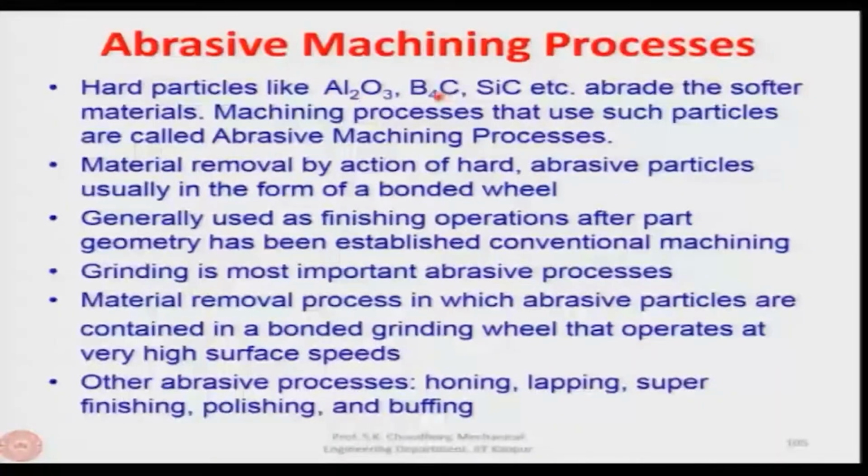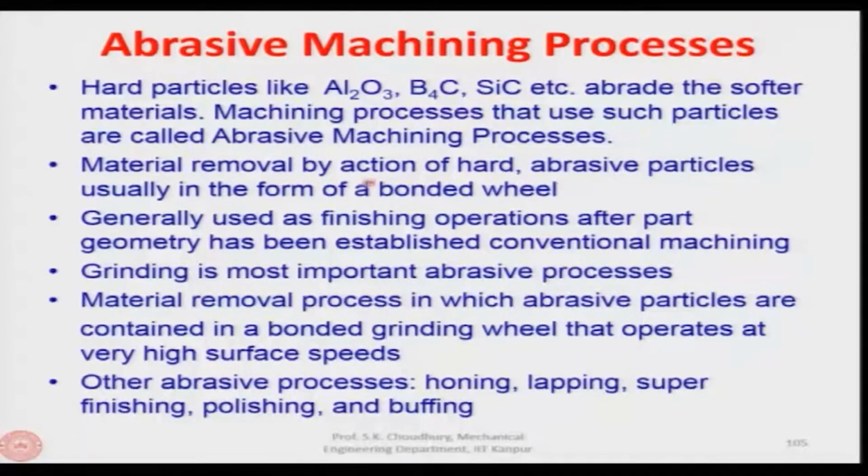All right. Hard particles like Al2O3, B4C, silicon carbide actually abrade the softer material, and that is why the machining processes which use hard materials like aluminum oxide, boron carbide or silicon carbide are called abrasive processes or abrasive machining processes, you know that.